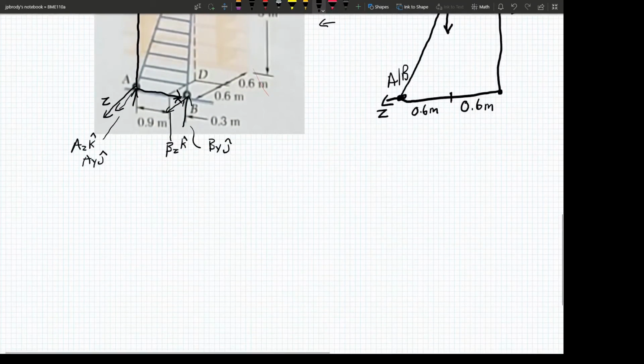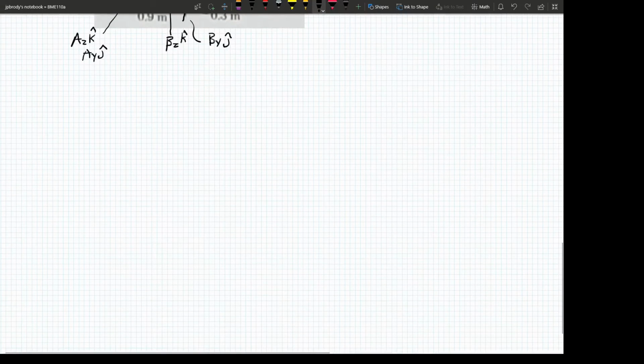So let's do that. I think the first thing we want to do is write that the sum of all the forces is equal to 0. So I'm going to write down all the forces.